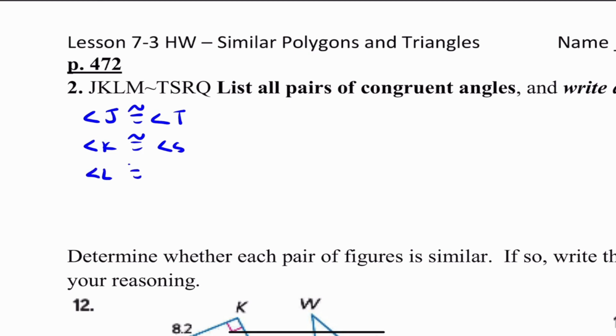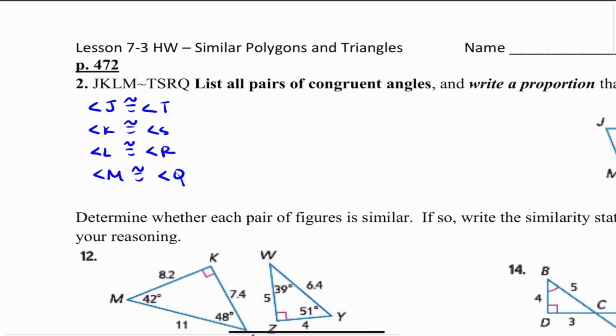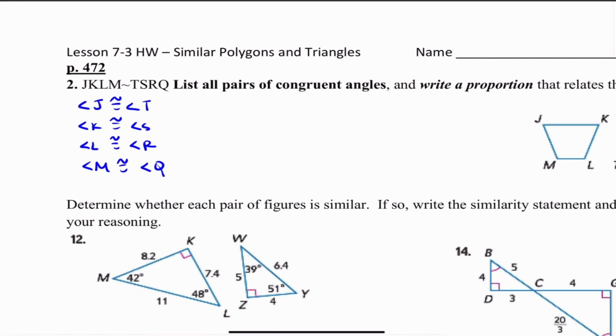Then angle L is congruent to angle R, and angle M is congruent to angle Q. So these are my corresponding angles, and corresponding angles, once again, are congruent for similar figures.